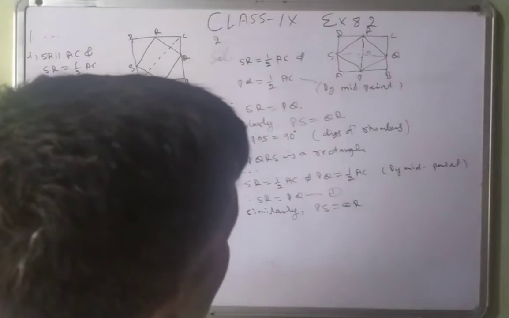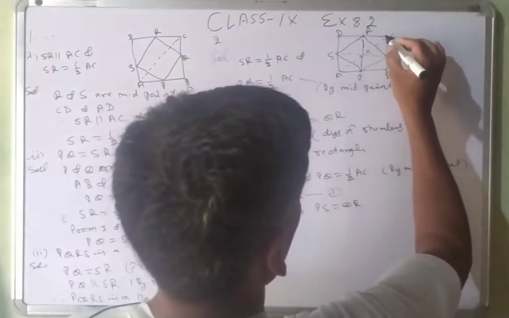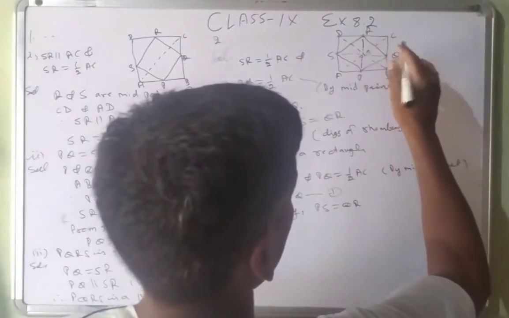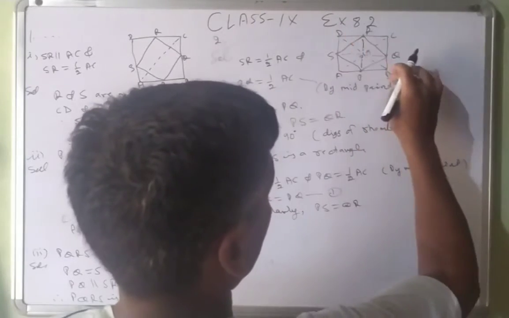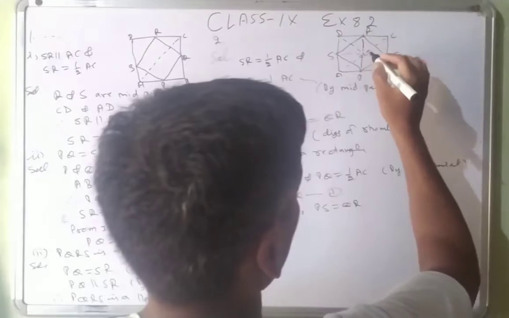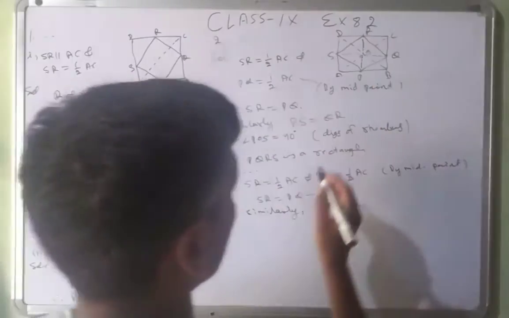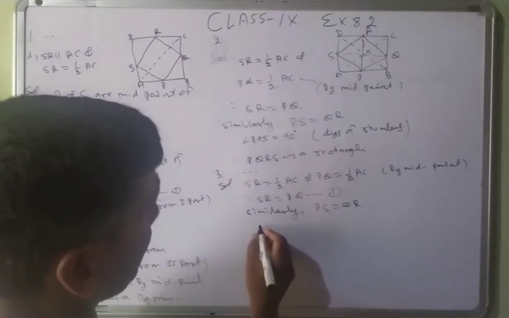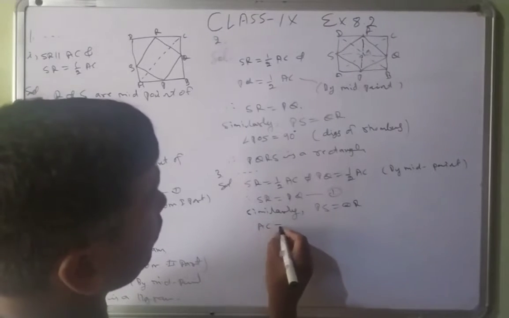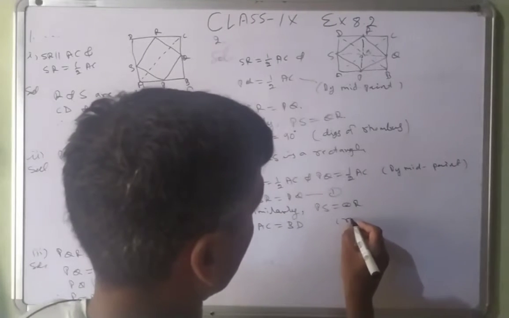The diagonals of a rectangle are equal, so if this is half of this and this is half of this, then AC is equal to BD by rectangle.